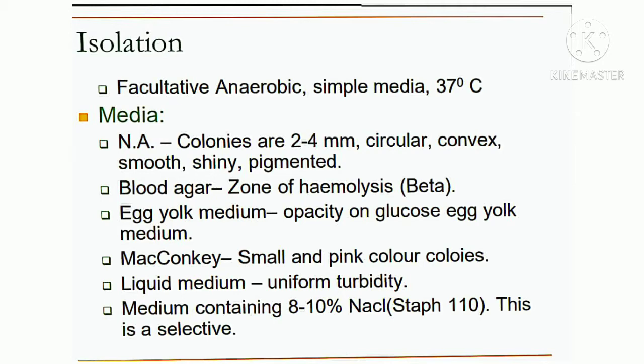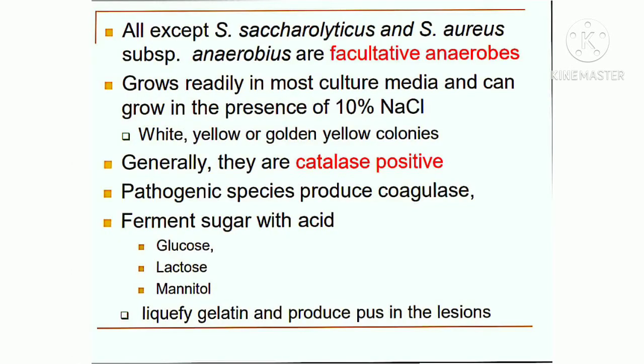The liquid medium forms uniform turbidity, and the selective and most appropriate medium for these bacteria has 8 to 10% NaCl. All the Staphylococcus species except Staphylococcus saccharolyticus and Staphylococcus aureus subspecies are facultative anaerobes. They grow best in the presence of 10% NaCl and produce white, yellow, or golden yellow colonies.